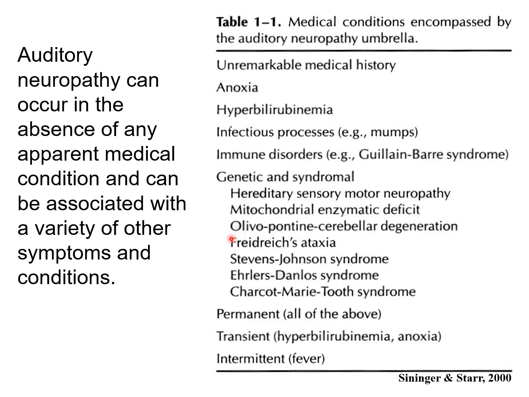There is a long list of genetic or syndromic disorders that can cause auditory neuropathy spectrum disorders. Some of these were permanent, some transient, some intermittent, such as high fever.